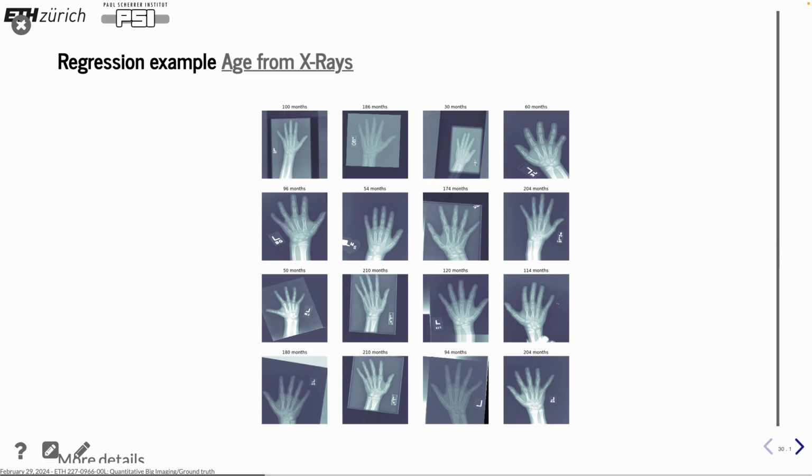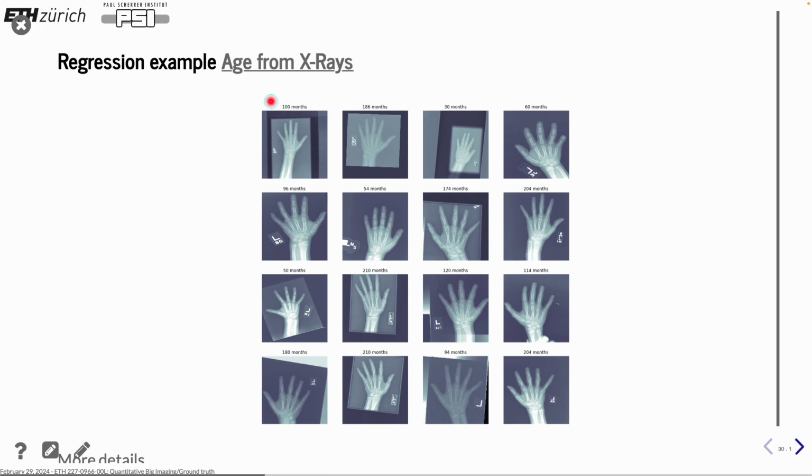Another regression example, a Kaggle exercise, is from a collection of radiographs of children's hands. You should determine the age of the child. Here you can see different sizes.